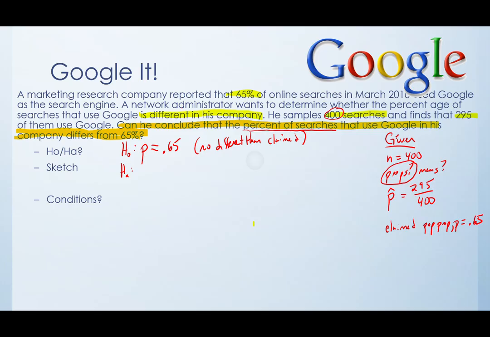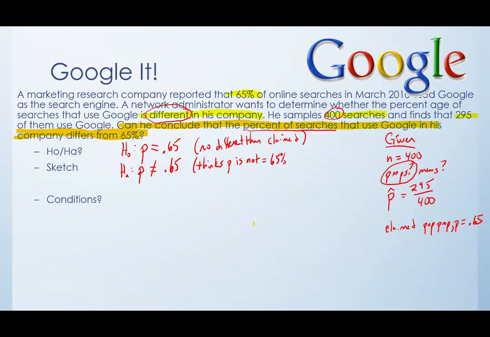So he doesn't know if it's higher or lower, but he thinks it's different. That tells us our alternate hypothesis, and that it is a two-tailed test: he thinks the population proportion is something different from 65%, not equal to 65%.